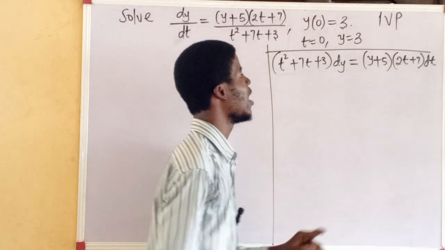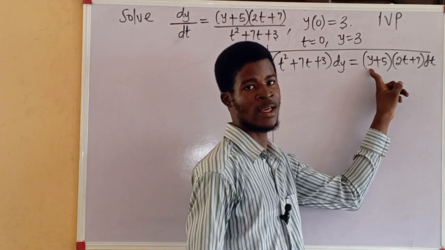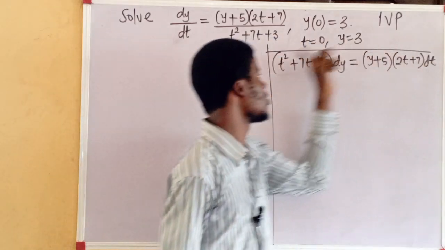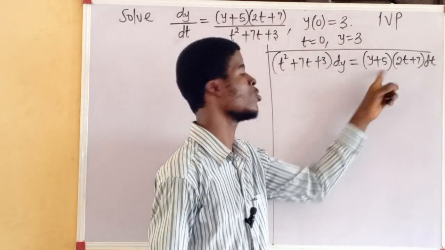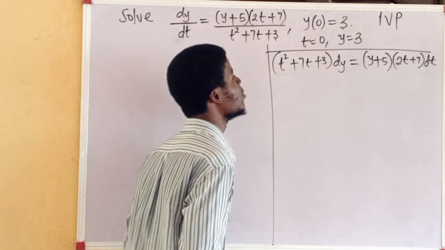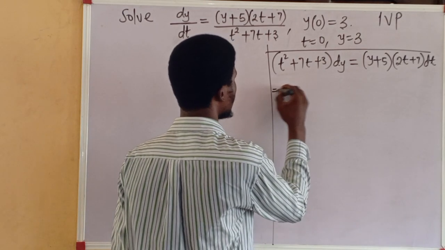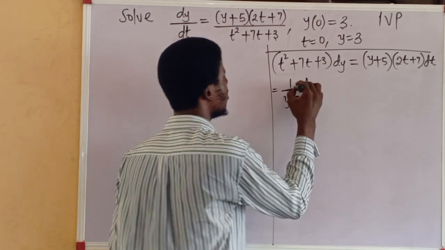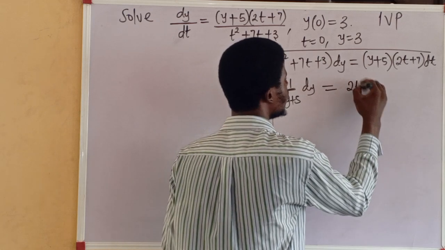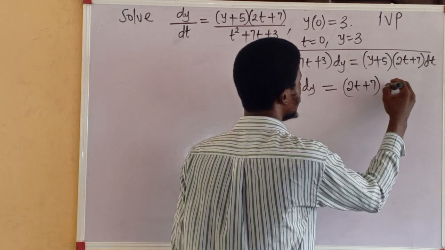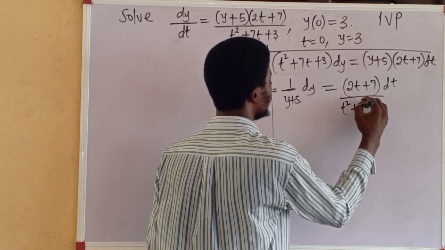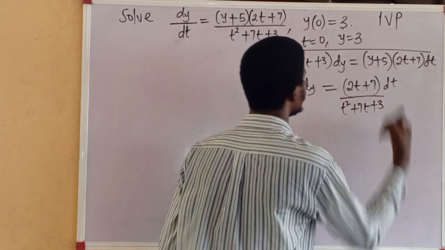And at the same time, I will take this function of y plus 5 away from this right hand side to this left hand side by dividing both sides by y plus 5. So if we do that, we are going to obtain 1 over y plus 5 dy equal to 2t plus 7 dt upon t squared plus 7t plus 3.